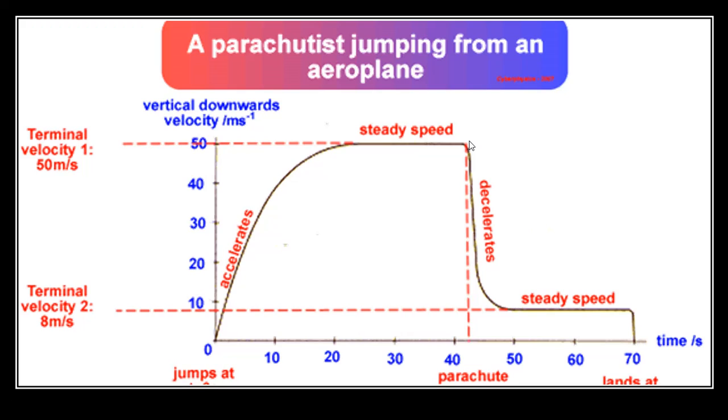Now the air resistance becomes bigger than the weight and you start to slow down, so your speed starts to decrease, or you decelerate. Again, when you decelerate, the air resistance becomes lower than before. So one more time, air resistance is equal to the gravity, right? So you fall with a steady speed, or a constant speed, until you reach the ground.